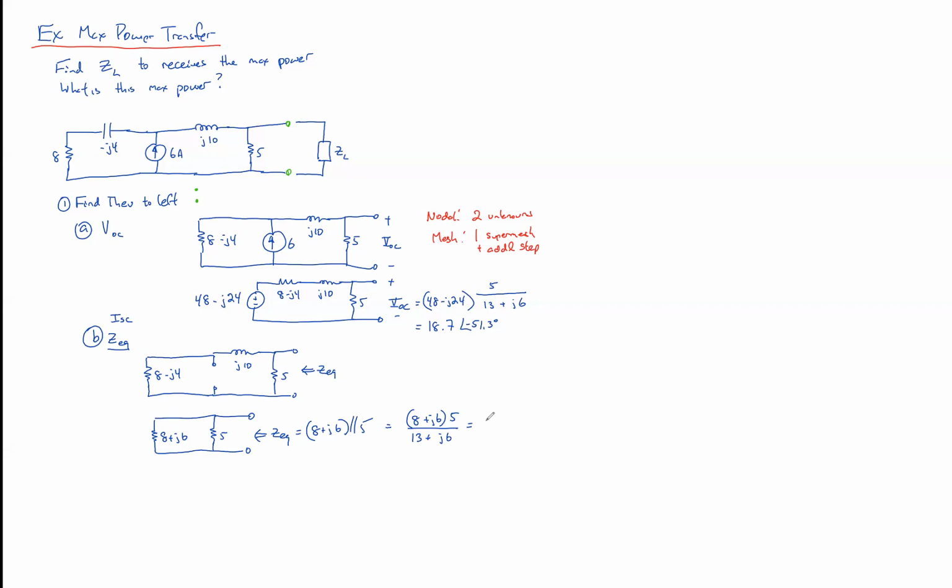So that is, in our calculators, 3.42 plus J0.732. Now we found the answer to step 1.